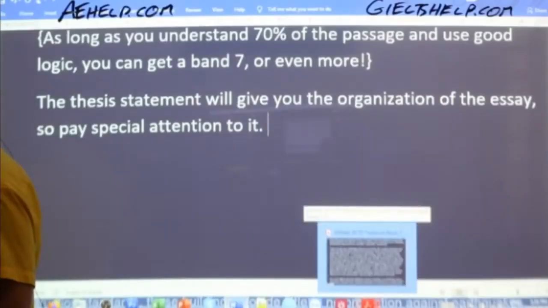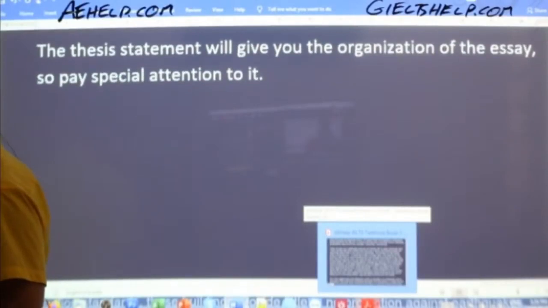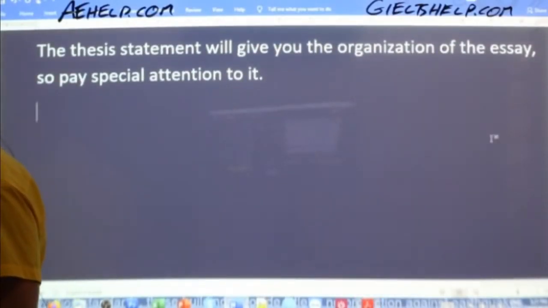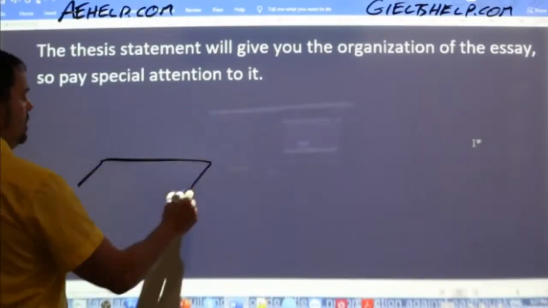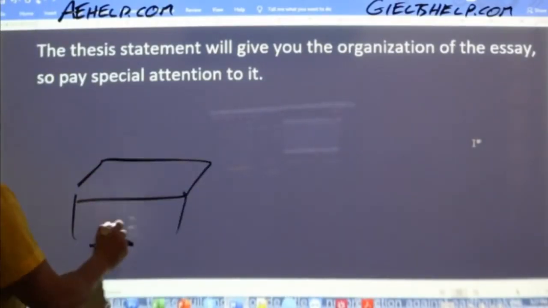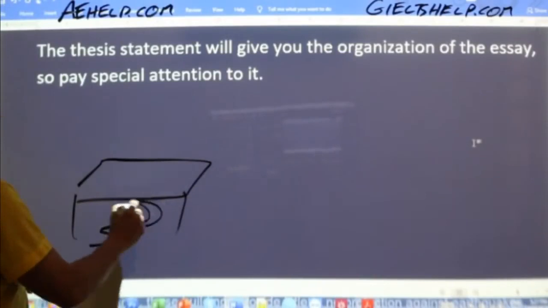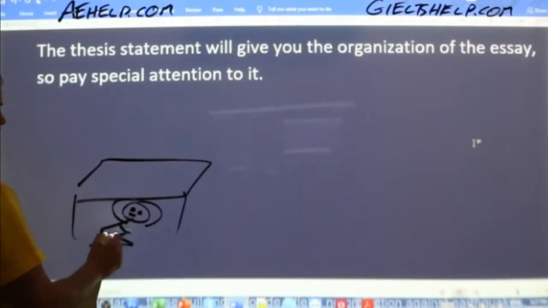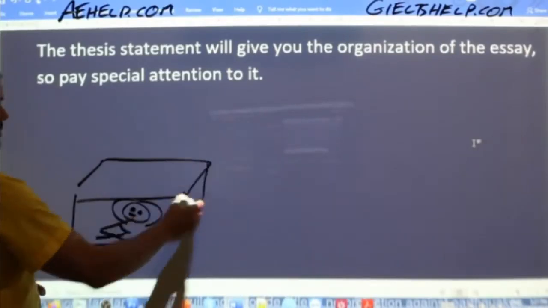Okay, so there we read about education for earthquakes, what to think about when an earthquake is happening. And of course, hopefully, many of you were visualizing this. Hopefully many of you saw the table and saw the person underneath the table covering their head with their arms. Okay, so they're hiding under the table.